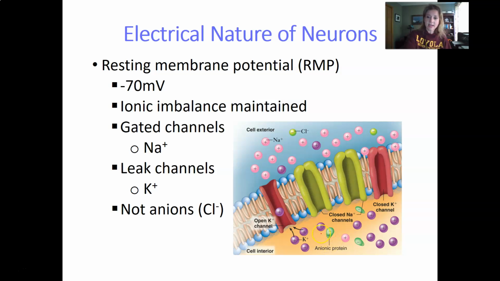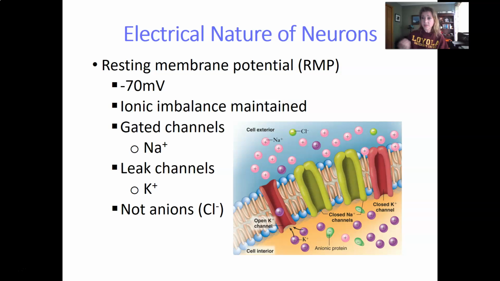And so anionic proteins just mean that they carry a negative charge too. There's very little chloride in the cell exterior, right next to the cell membrane. And so you've got more negative charge inside of the cell than you do outside of the cell. And that's what's giving us the negative in the negative 70 reading.